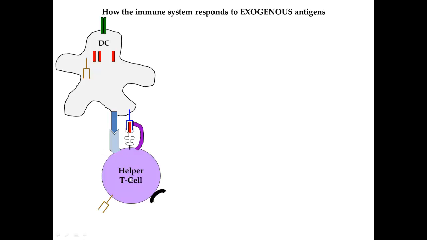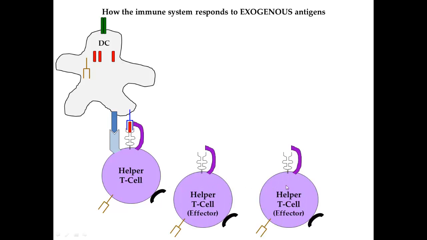After that helper T cell has been activated, it undergoes clonal expansion. And clonal expansion is when that activated cell starts to make copies of itself. These copies are a type of immune cell called an effector cell. So this is a helper T cell effector cell.